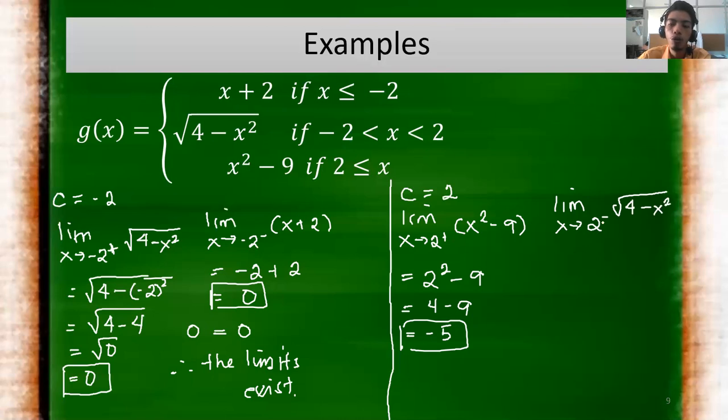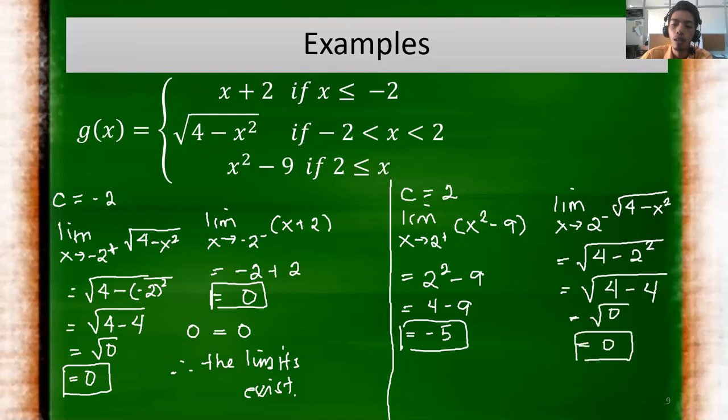So, by substituting 2 by x, we can get square root of 4 minus 2 squared. And this will give you the square root of 4 minus 4, the square root of 0, this will give you 0. So, since negative 5 is not equal to 0, we can say that the limit does not exist.